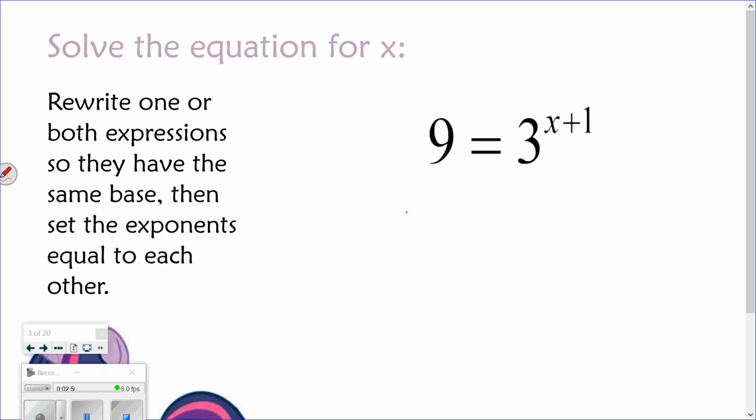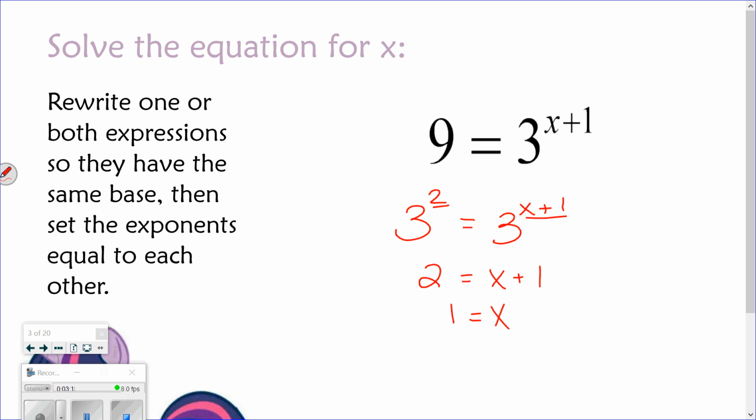Now I'll have 3 squared equals 3 to the x plus 1. Now my bases are the same. 3 to what power equals 3 to what power? They have to be the same. So 2 equals x plus 1. So x equals 1.